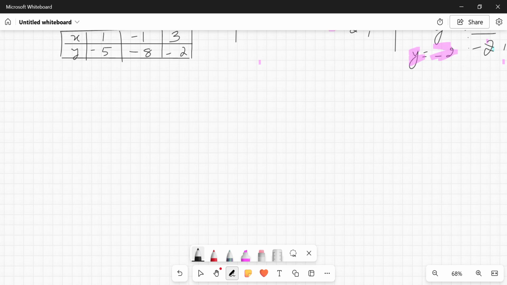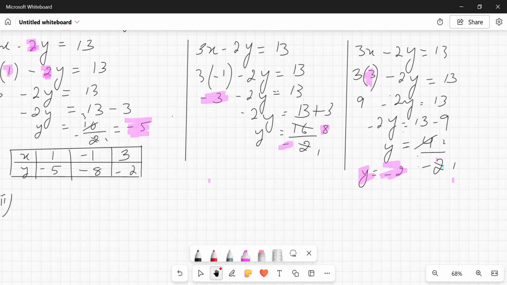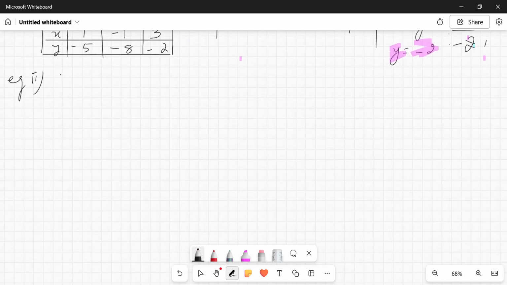Now the second equation, equation 2, is 2x plus 2y equals to 0, right?